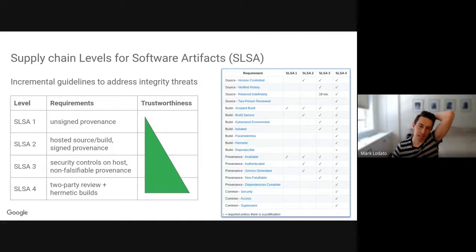Yeah, I think I'm certainly open to other ideas, because right now two-party review, where every change is reviewed prior to submission, is fairly prescriptive. It might be good to reframe this in terms of the threats we want to address.